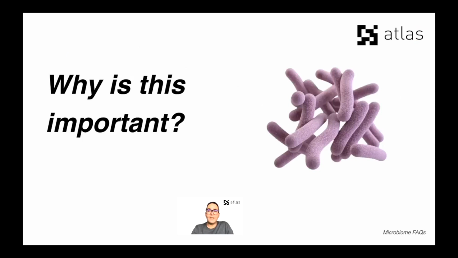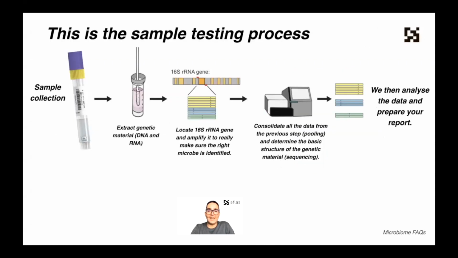Well, it's important because the 16S way of working is considered to be the gold standard in microbiology. It's supposed to be the gold standard in microbiome sequencing. And again, that sequencing is what happens in those last 3 steps.